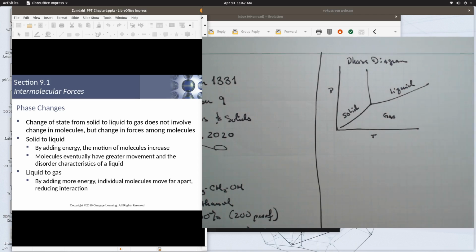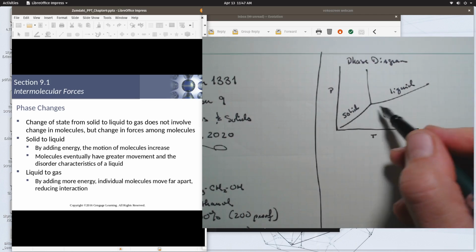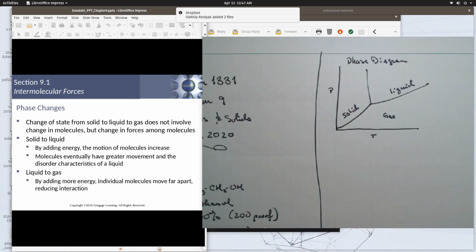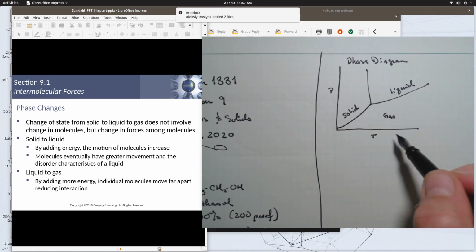So this is a generic phase diagram for any single component material. The slopes and positions of these lines are important, and one can get them from thermodynamics, but this is the general trend.